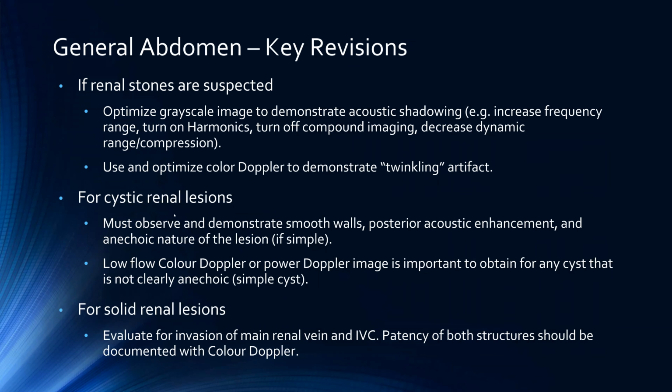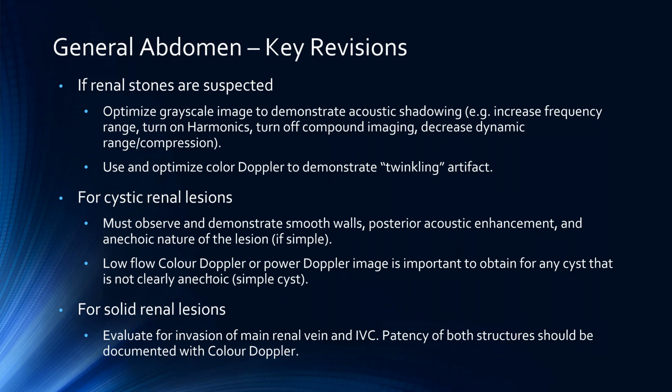For the other findings that you're commonly going to encounter in the kidney and things around image optimization, for cystic lesions, it's really critical to try your best to accentuate the anechoic nature of the lesion if you do suspect that this is just a cyst.